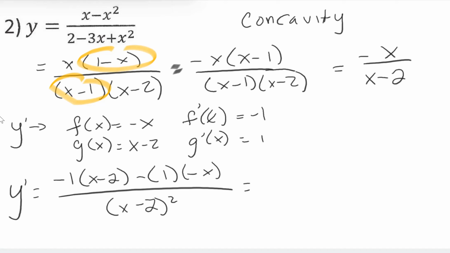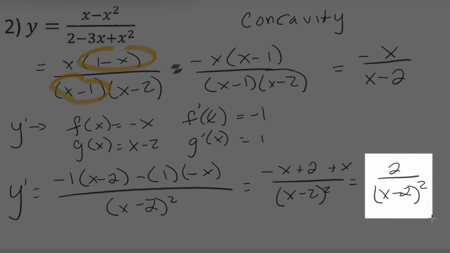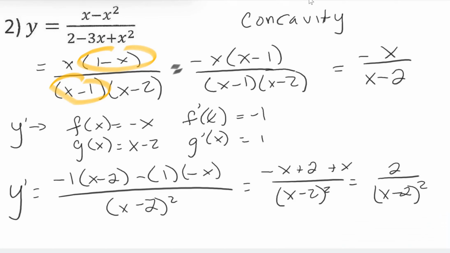So I've got negative x plus 2 plus x, so I got 2 over x minus 2 squared. So that's the first derivative.